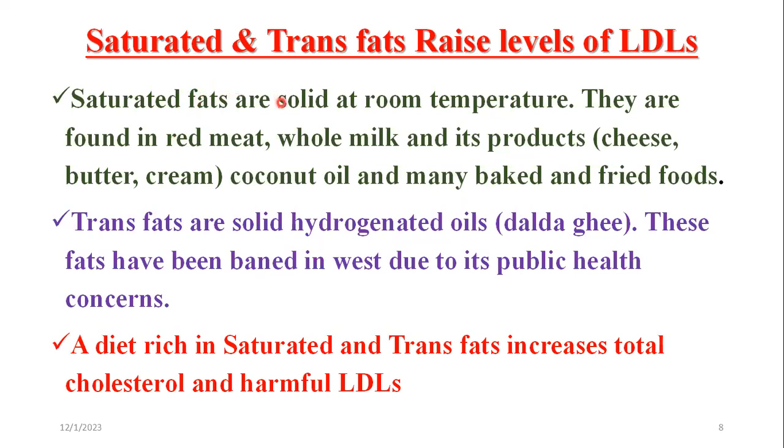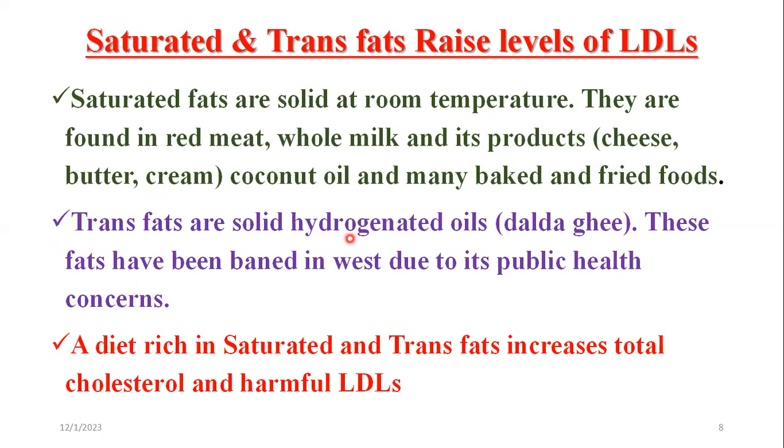Now, saturated and trans fats also raise the level of the LDLs in our body. Saturated fats are solid at room temperature. They are found in red meat, whole milk, and its products like cheese, butter, cream, coconut oil, and many baked and fried foods.